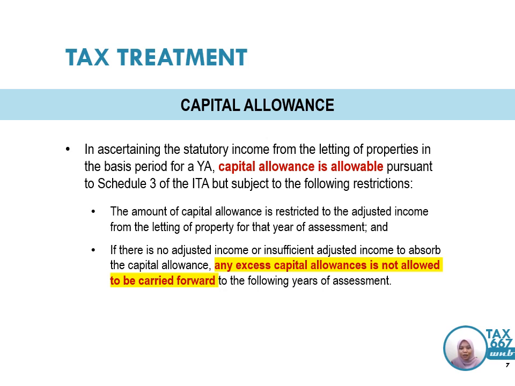This one adalah perbezaan nombor 3. Apa yang membezakan REITs dengan bisnes biasa? CA yang belum habis utilize, unabsorbed CA cannot be carried forward to subsequent years. It will be permanent loss and the excess of CA tu akan disregarded.